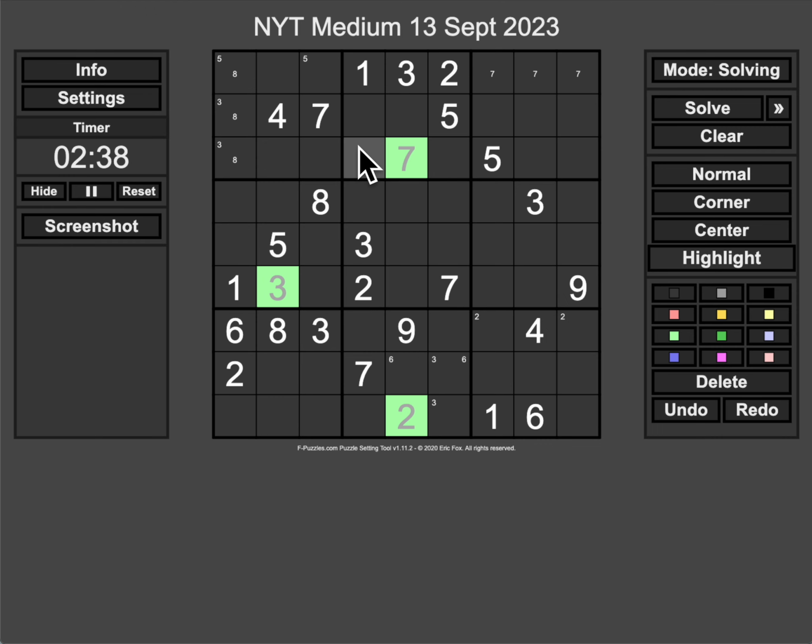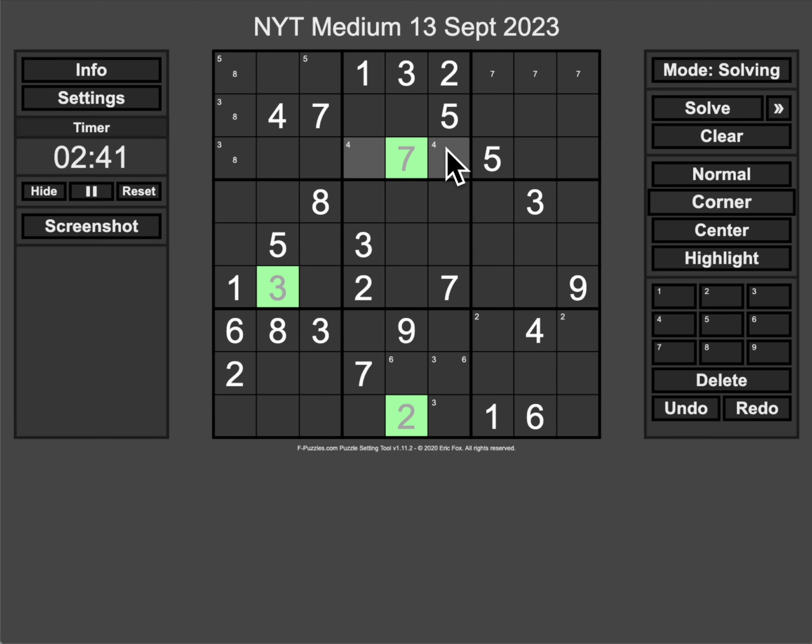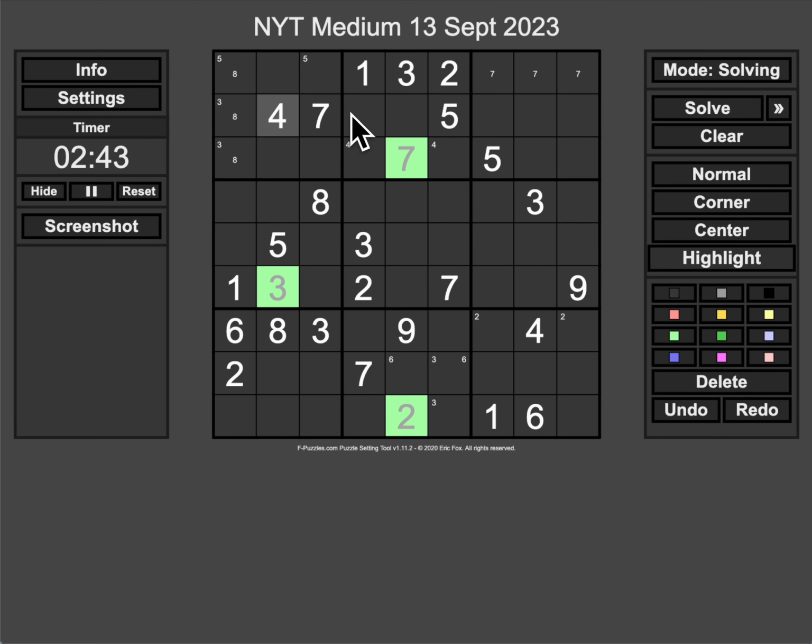Let's see, 1, 3, 2, 5, 7. So actually, I know one of these is a 4. The 4 can't go here, so one of these is definitely a 4. This 4 will block that out, which means one of these is definitely a 4. I need 4, 6, 8, 9.